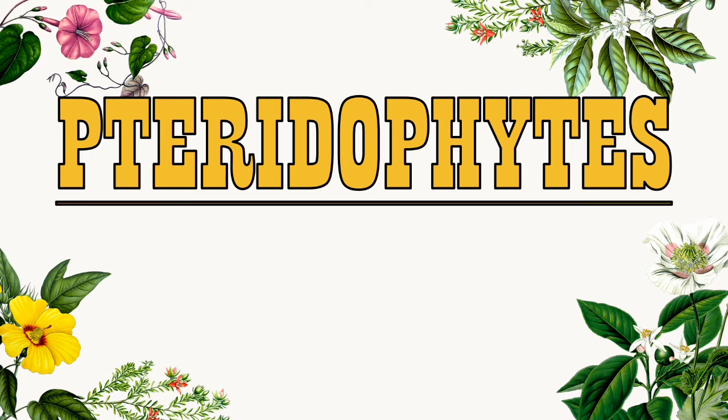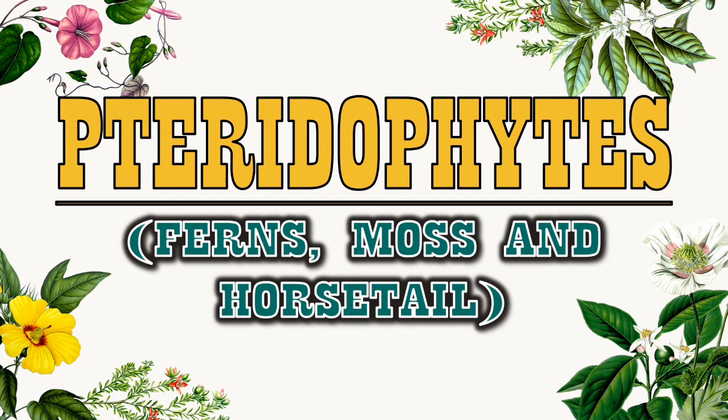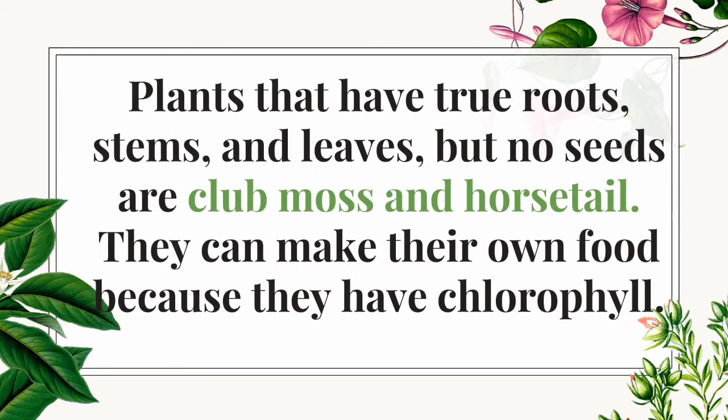Next, the pteridophytes. This is the ferns, the club moss, and the horsetails. Plants that have true roots, stems, and leaves but no seeds are ferns, club moss and horsetails. They can make their own food because they have chlorophyll.